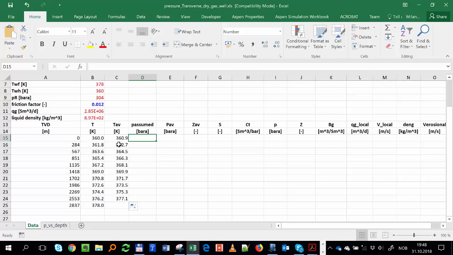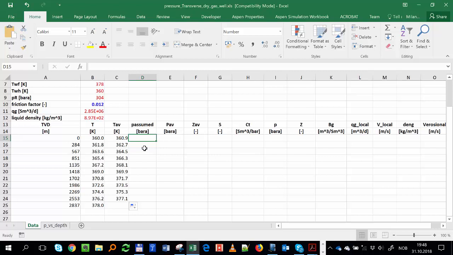Now, to calculate Z, the average deviation factor, I need to have also an average pressure. And the average pressure is what we're going to calculate; that's what we don't know. But we said yesterday it shouldn't matter much.